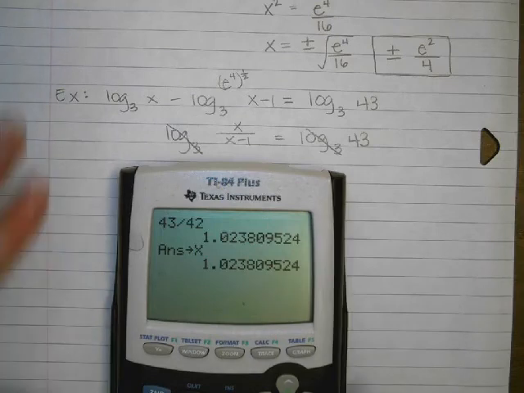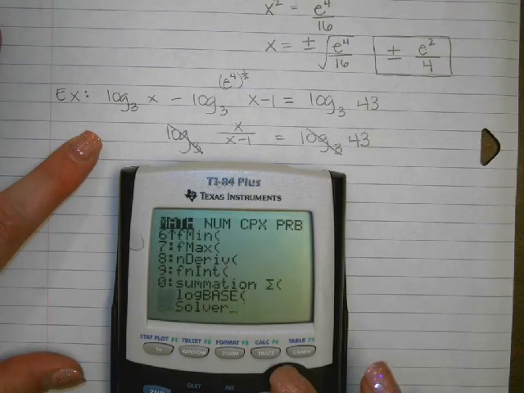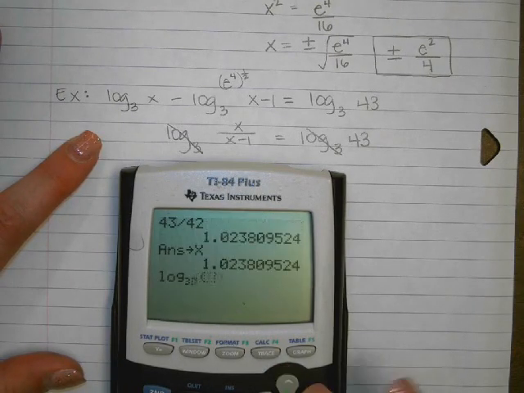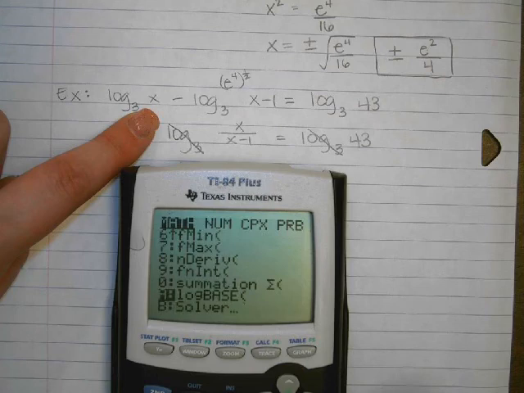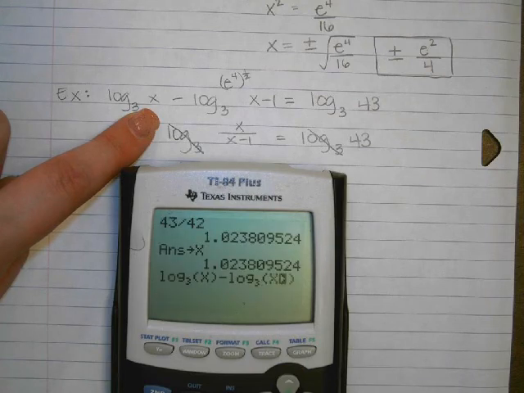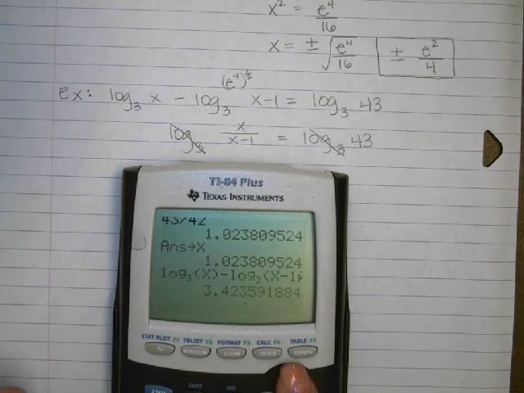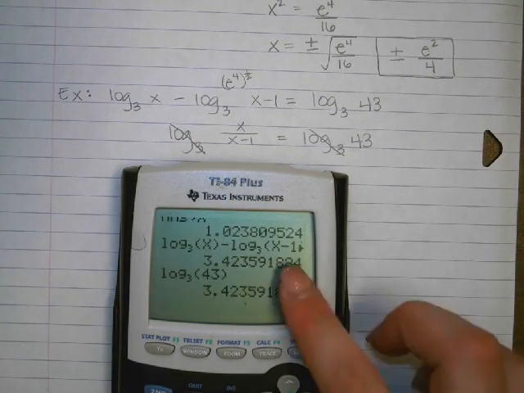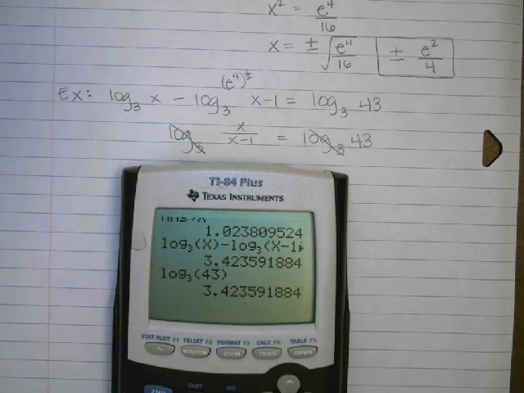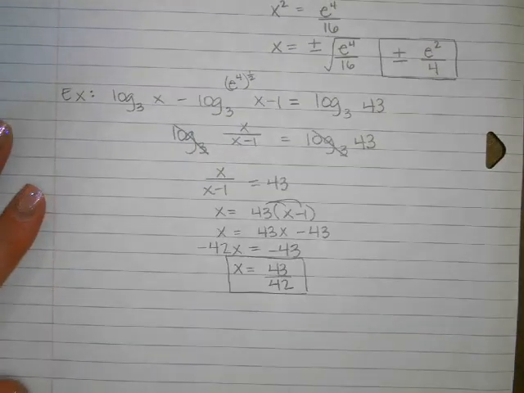So you can always type your answer in and just make sure that it works out. So log base 3 of x minus log base 3 of x minus 1, and that should be the same as log base 3 of 43. And you can see those decimals are the same, and so that means we really did get the right answer.